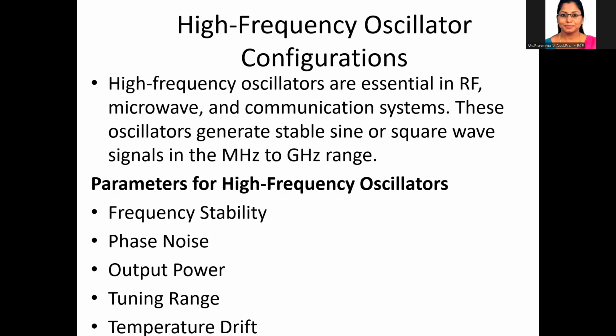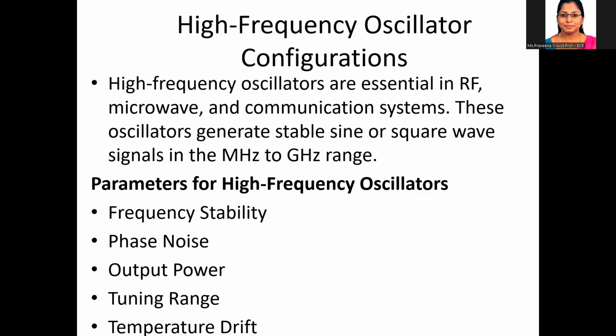Several parameters determine the performance of a high frequency oscillator. Frequency stability refers to the ability of an oscillator to maintain a constant frequency over time. Phase noise represents short-term frequency fluctuation around a carrier frequency. It will directly affect the signal quality.